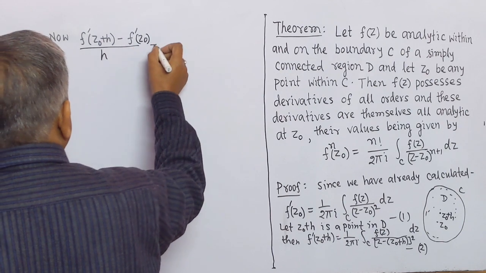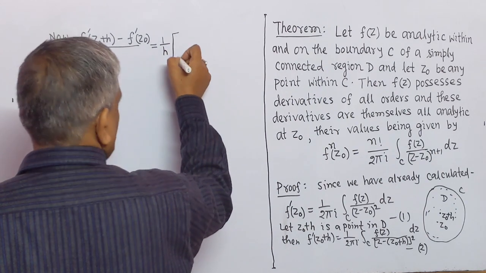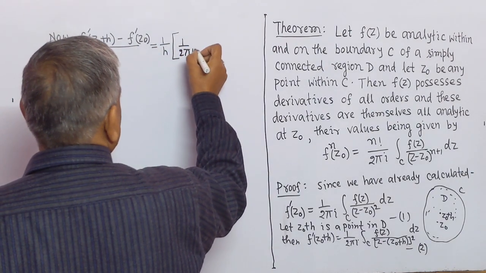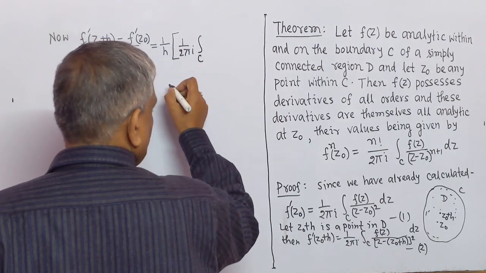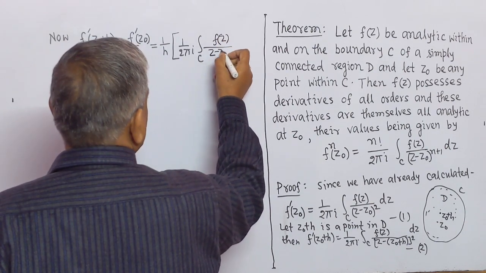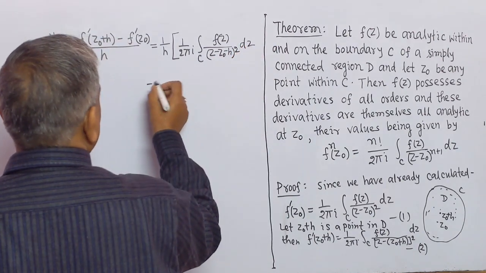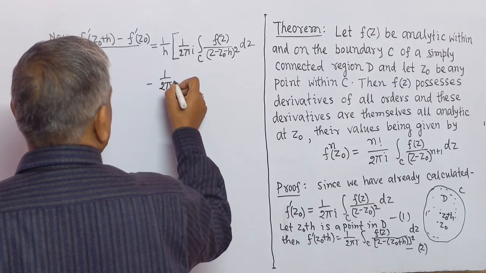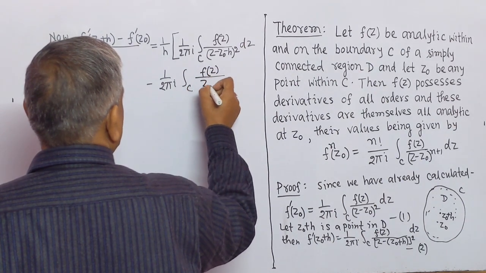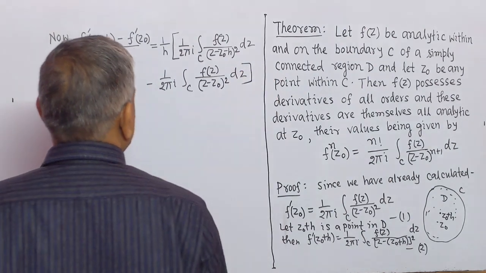by h equals, here we write 1 by h, and firstly write the right side: 1 by 2 pi i, integration along the curve C, f(z) by (z minus z naught minus h) whole square dz, minus 1 by 2 pi i, integration along the curve C, f(z) by (z minus z naught) whole square dz, bracket closed.